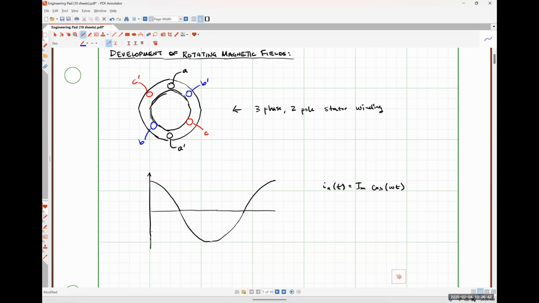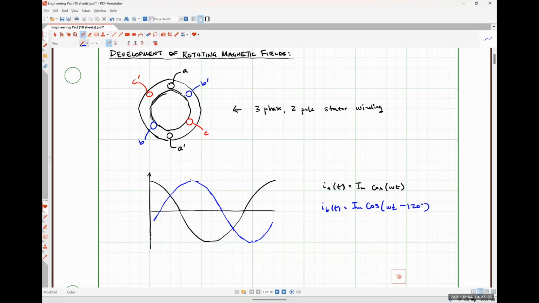So it might start somewhere in the ballpark of here. So something like that, where this is IB as a function of time, which is Im cosine omega t minus 120 degrees amps.